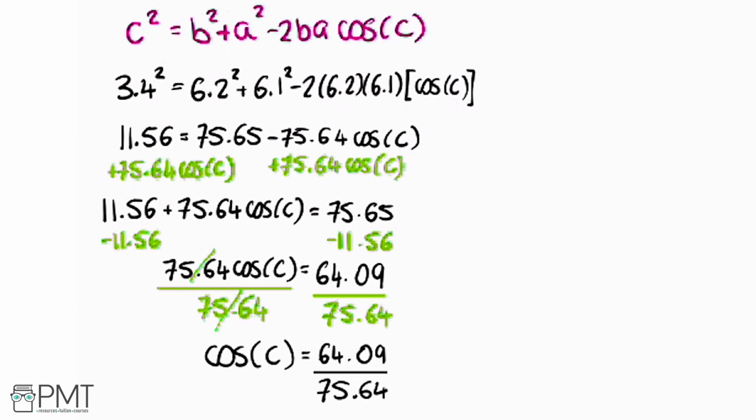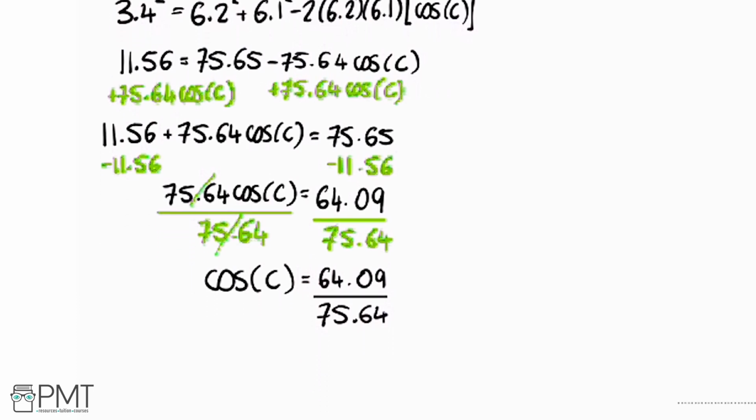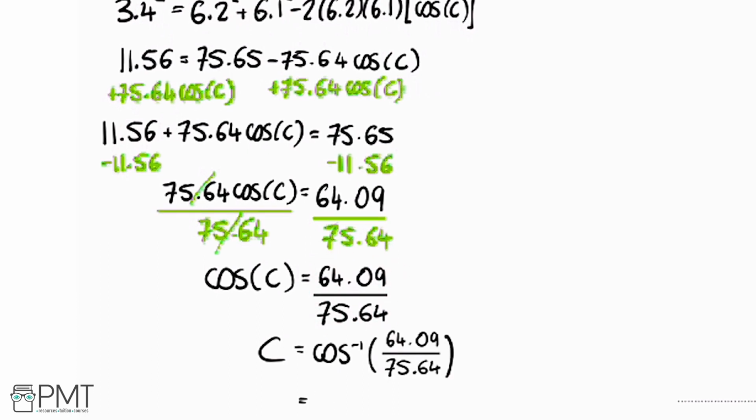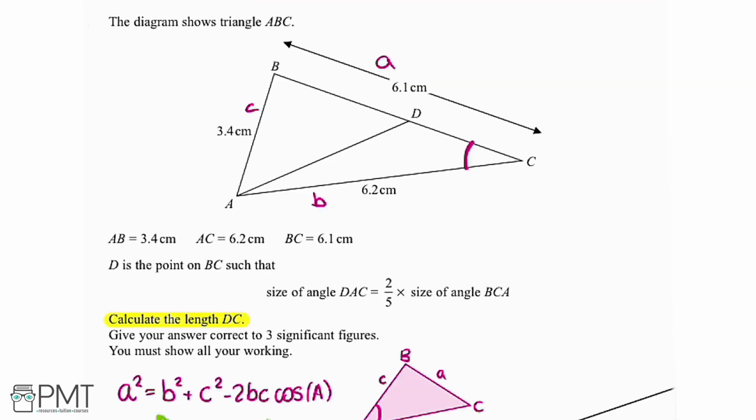Now I'm actually going to leave this as a fraction for the minute because it will make it a bit easier. Now we want to work out what the value of the angle C is. So if I do inverse cos of this fraction here, we get 32.08046913. That's fantastic. So we now know this angle up here, C, is approximately 32.08 degrees. Now that's actually the angle BCA. Now we can use the information here that the size of angle DAC is 2/5 multiplied by the size of angle BCA.